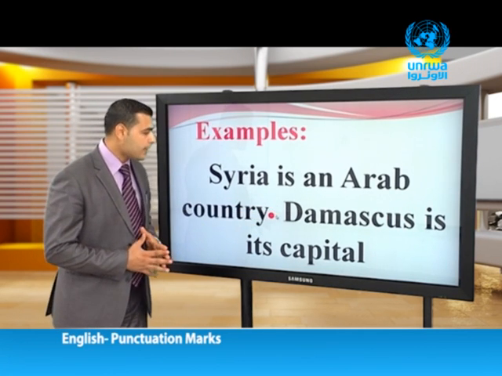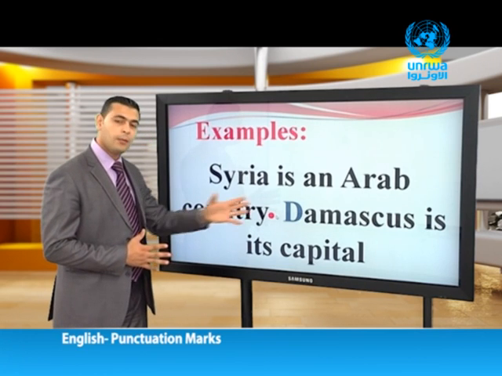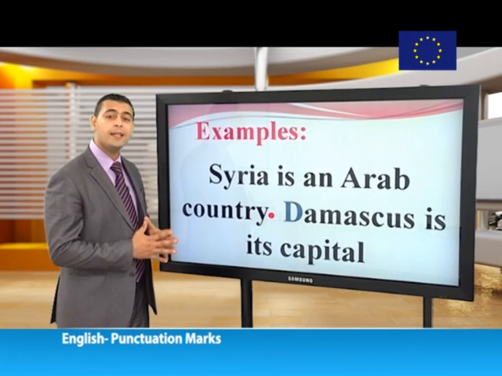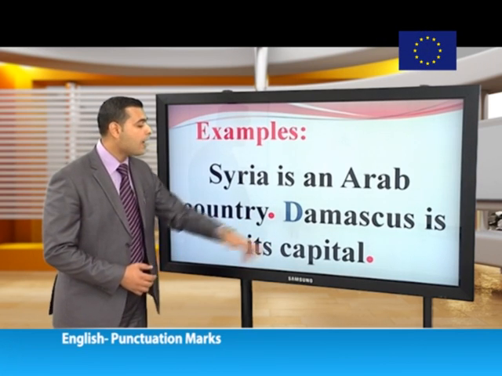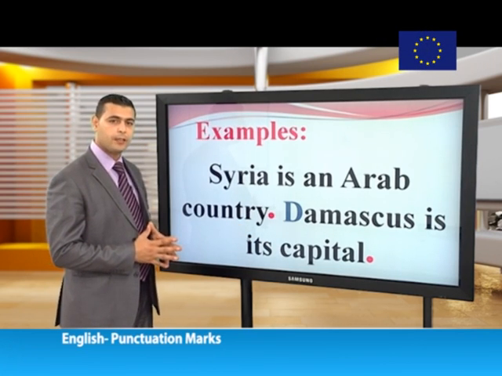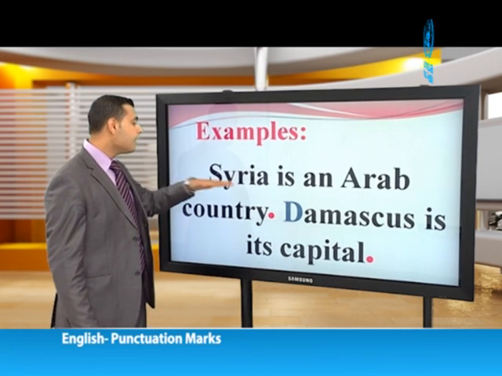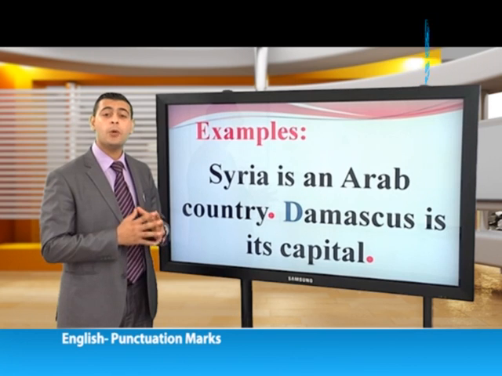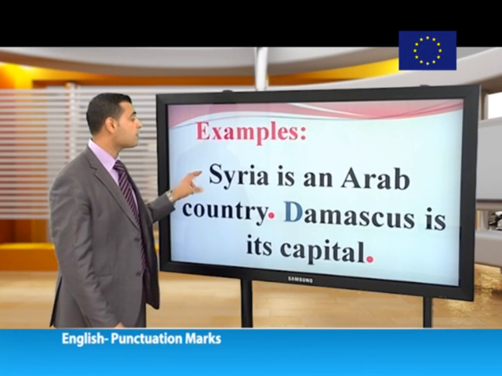Damascus is its capital. Here we have another sentence with another complete idea, so we need to use another full stop at the end. Let's read the two sentences again. Syria is an Arab country. Full stop. Damascus is its capital. Another full stop.